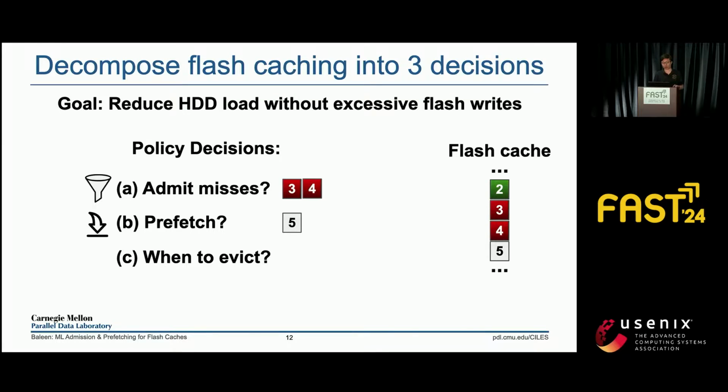All these policies try to decide what you should put in your cache now and for how long to reduce the backend load in the system. In Baleen, we focus on the first two, since with flash writes you incur those costs at the time of emission or prefetching. So we put more effort into having an advanced emission and prefetching policy, and we have a simple eviction policy like LRU.